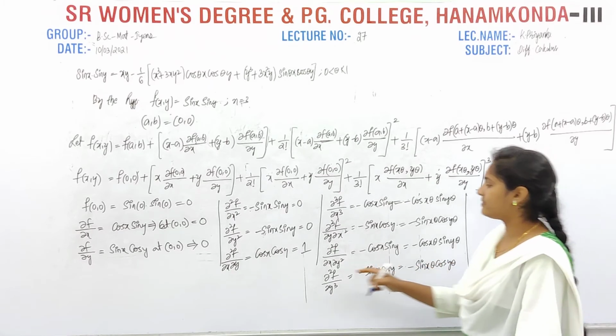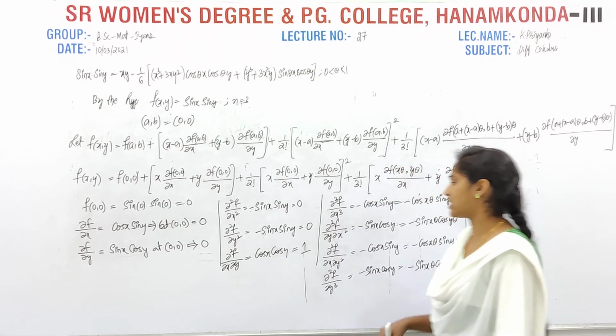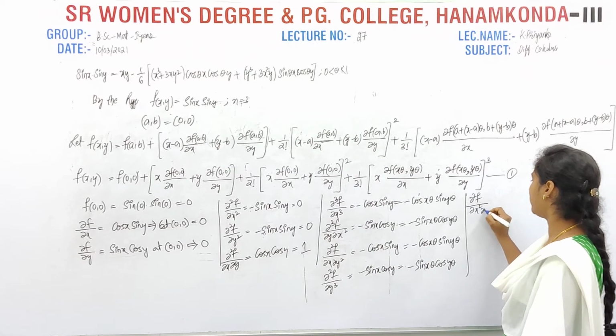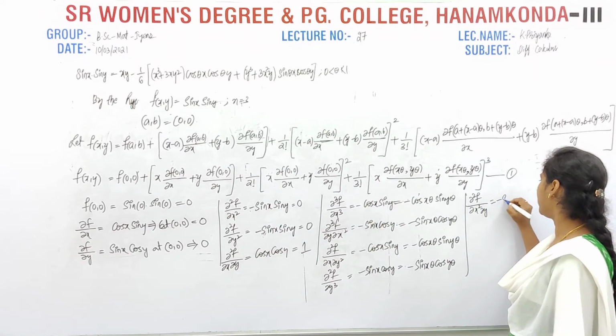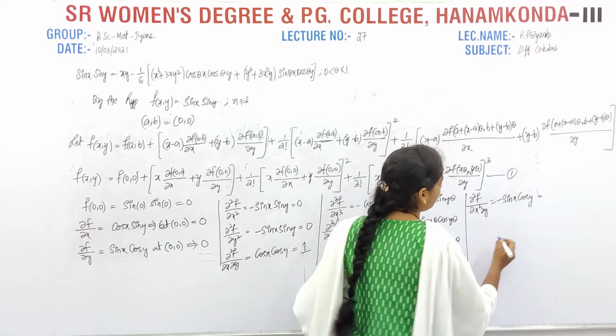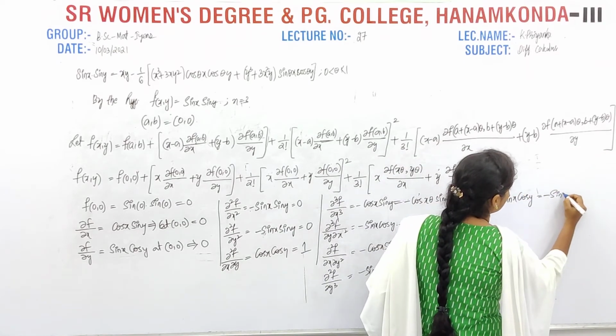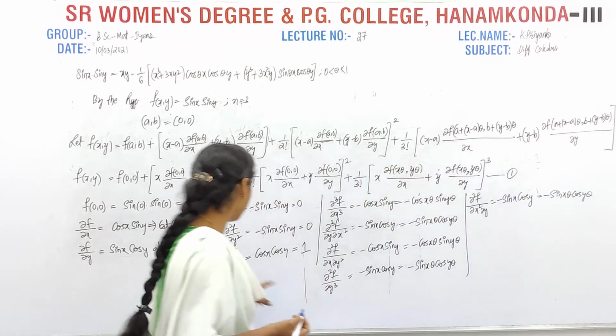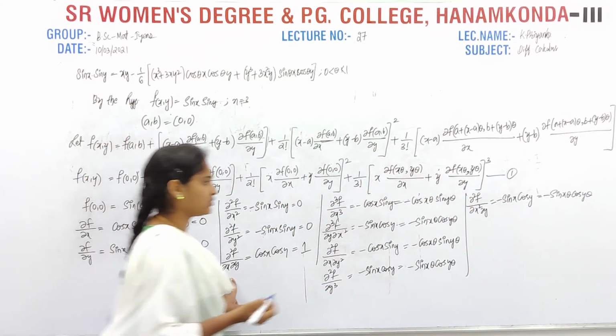Next one, here we are differentiating this with respect to x and with respect to y. Now ∂³f/∂x²∂y. Then what we get? Minus sin x cos y, which is equal to minus sin xθ cos yθ. Okay, now finally we have to differentiate this with respect to y.